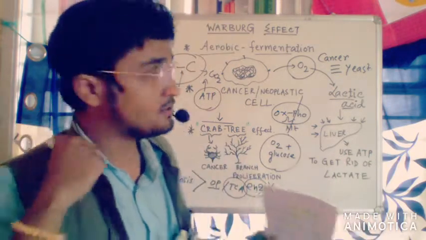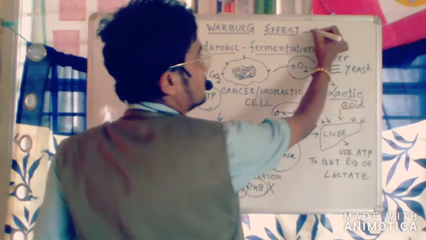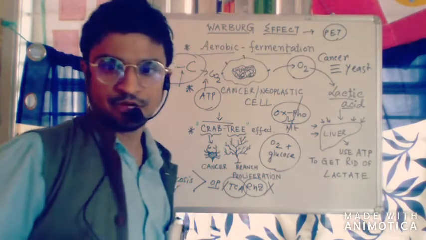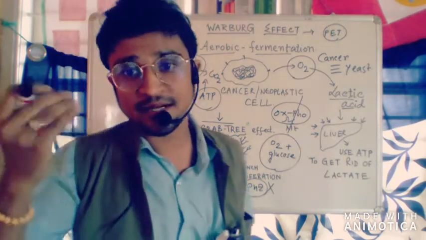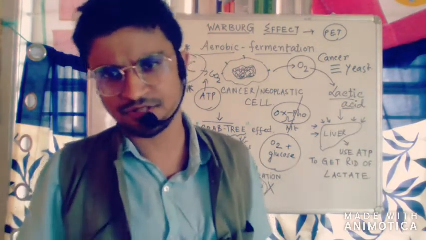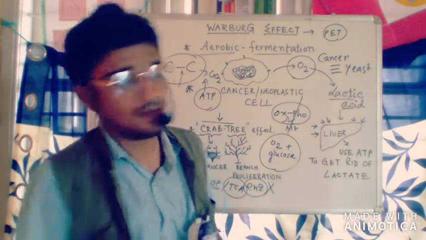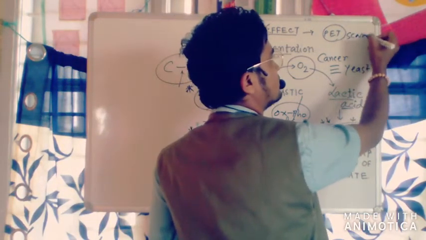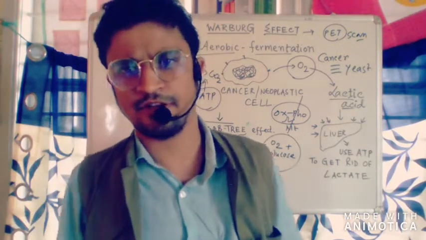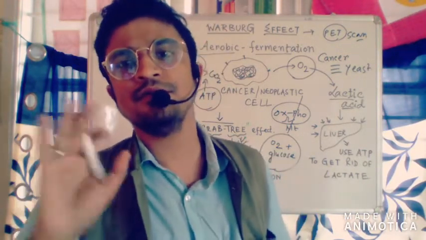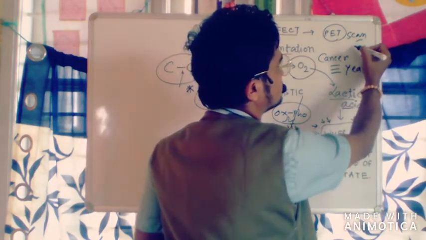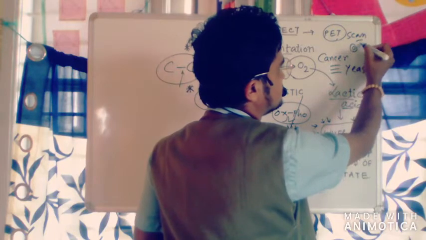Okay, what is the purpose of this Warburg effect? This effect can be used for PET scanning, positron emission tomography. For cancer there is a biopsy through which you can test, but a positron emission tomography scan is a method to detect which part of the body has cells suffering from cancer. Simply, you use a radiolabeled glucose. In the glucose you have oxygen, and you replace the oxygen with fluorine.